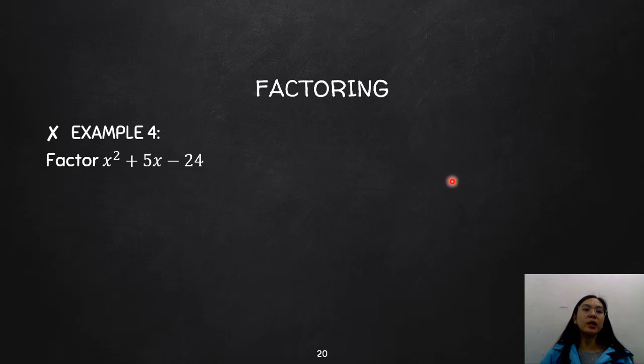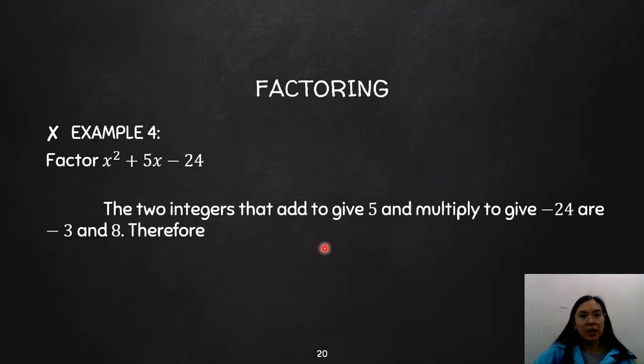So, for example, we were asked to factor x squared plus 5x minus 24. So, ibig sabihin, the two integers that add to give 5 and multiply to give negative 24 are negative 3 and 8. Diba remember kanina, r plus s is equal to b, r times s is equal to c.